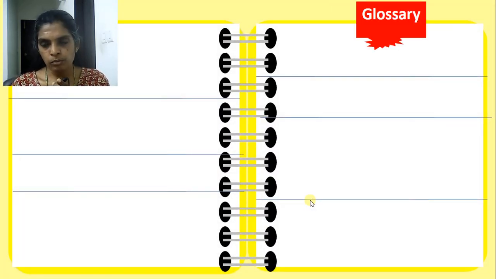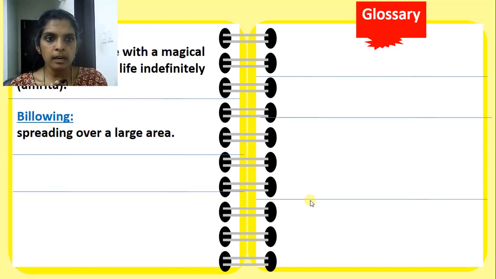So before going further, we will see a few important words from the glossary. Elixir means a liquid substance with a magical power to prolong life indefinitely. That means to become immortal. In Indian mythology, we have Amrita, right?